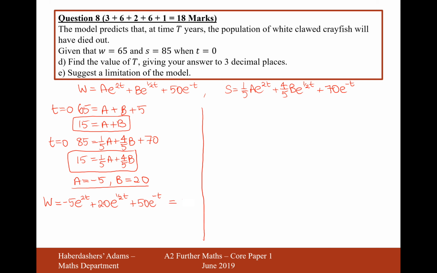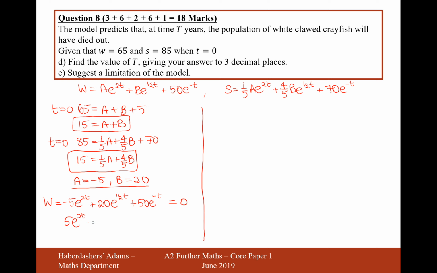We want to find the time at which that thing there is equal to 0 and there's no more white-clawed crayfish left. Right, okay, I think what we're probably going to have to do here is set up some kind of equation, maybe turning this into a polynomial of some kind. I think first of all, just to make the highest power on e positive, we'll just times through by minus 1.